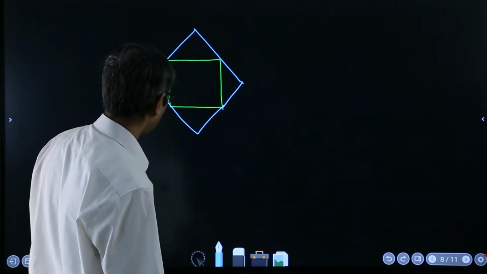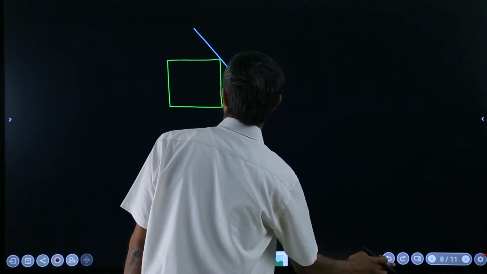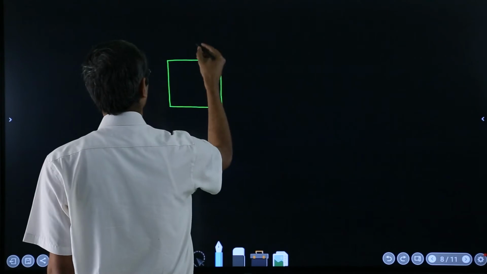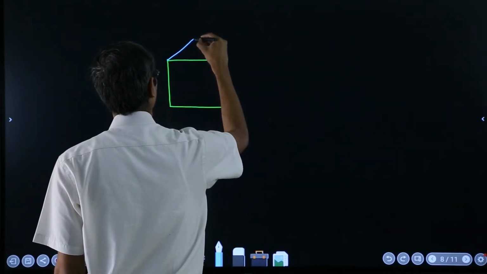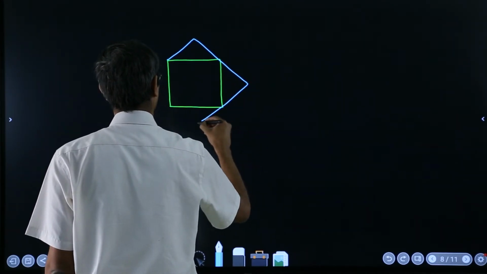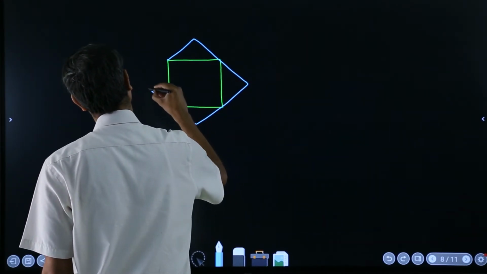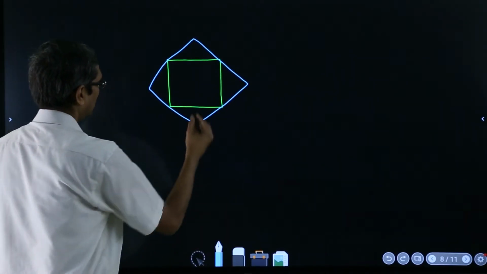It doesn't look like a square, but it's a square, you now know that.